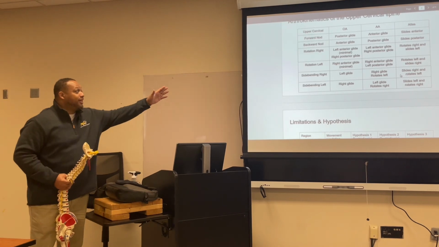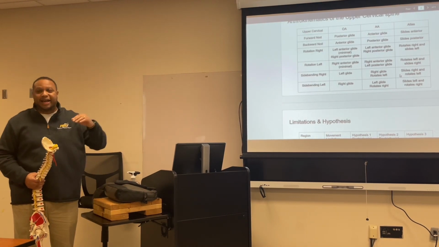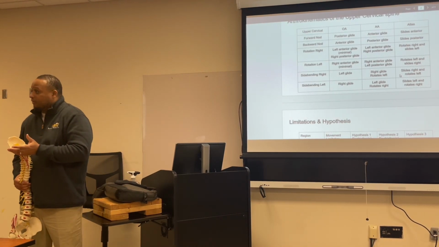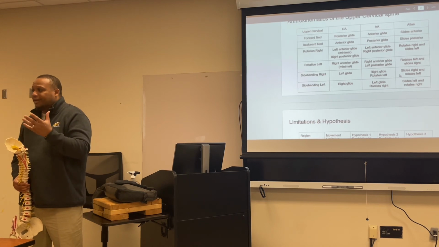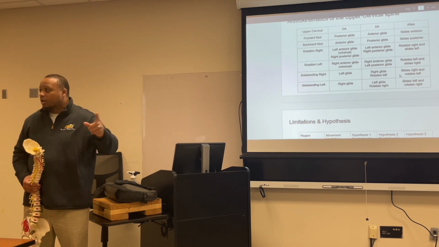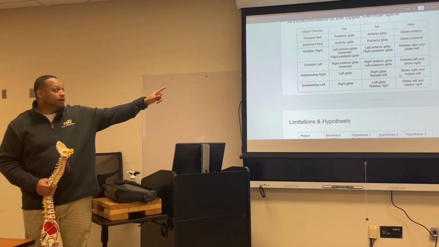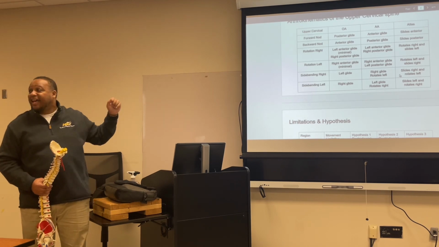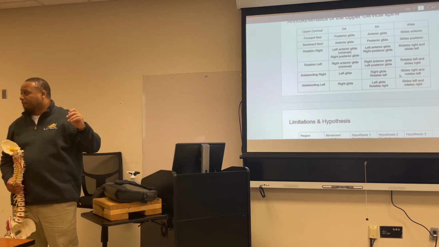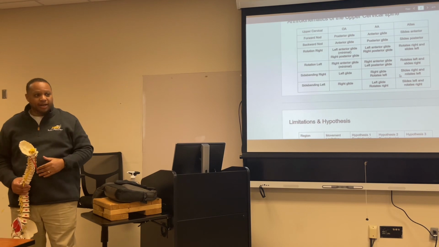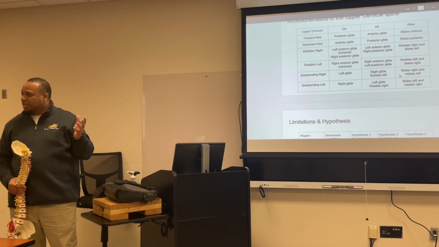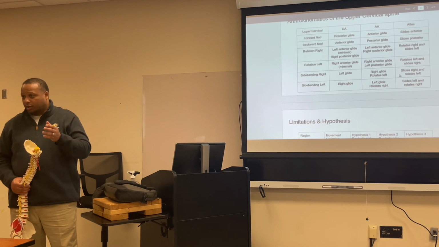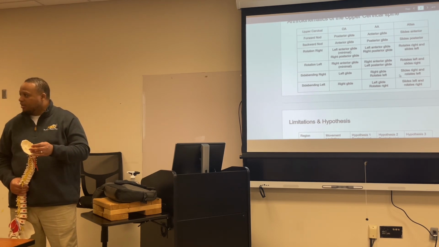So what it may say is left anterior glide could likely be less of a cause. It could be major, but could likely be less of a cause. It could be more so of the atlas not sliding to the left. Okay, but you still screen it and check it. This is hypothetical, okay, because it could vary from individual to individual.